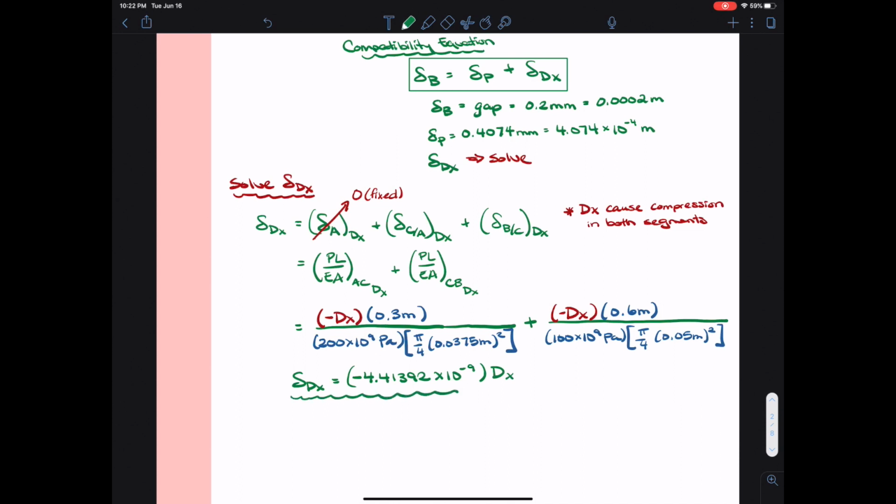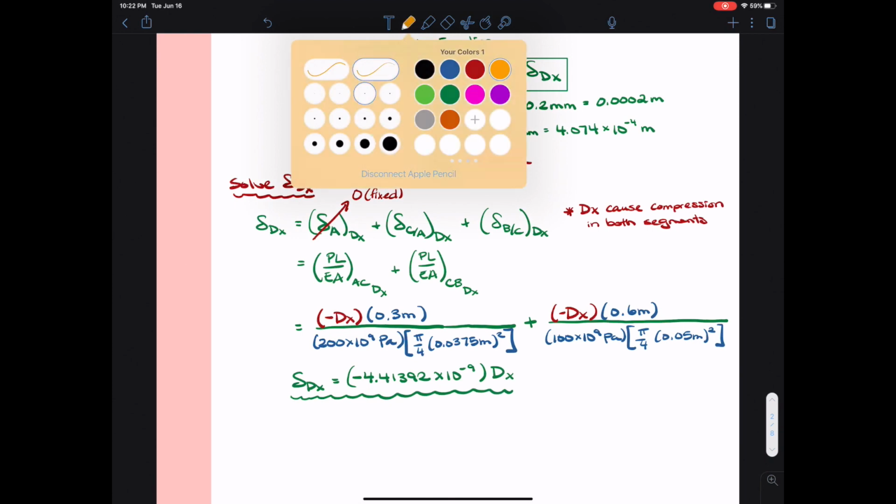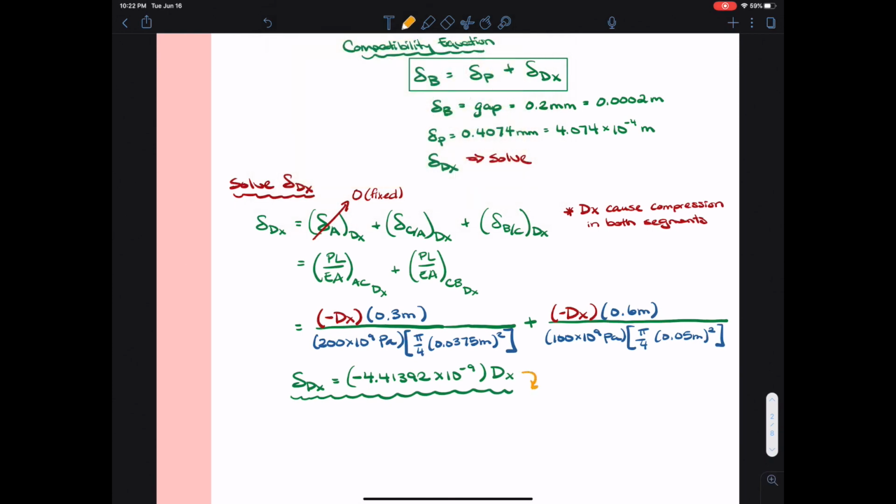It's important here that we keep a lot of the decimal places, especially, and use our scientific notation, because dx is a very large number, and then the number in parentheses is very small, so we need to keep enough decimals to maintain accuracy for the deflection dx.